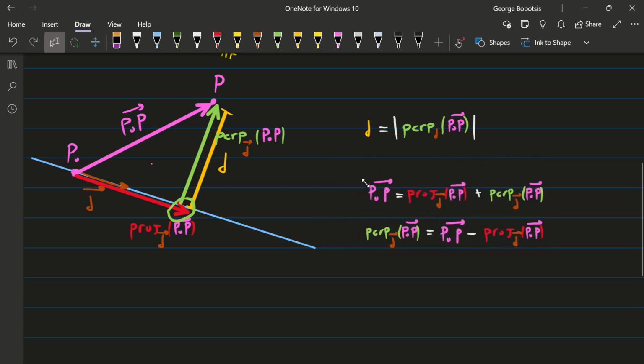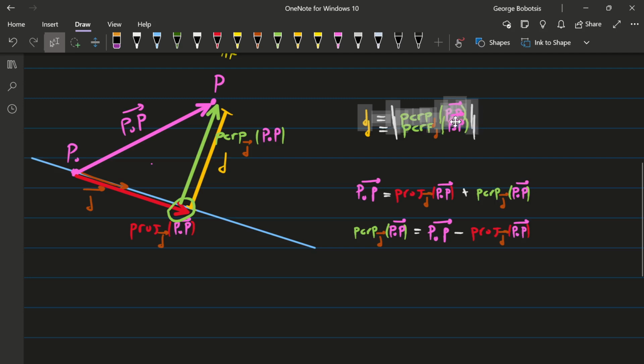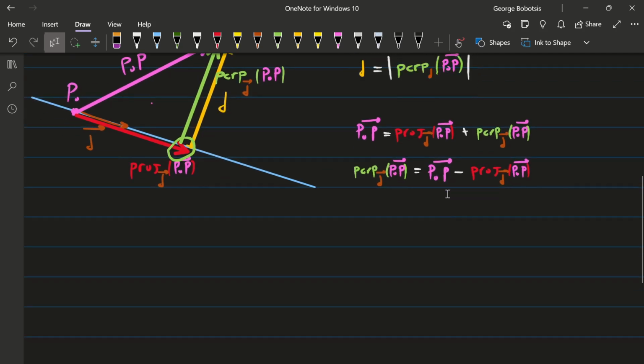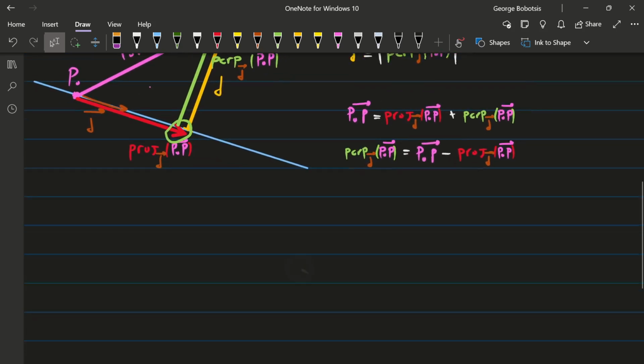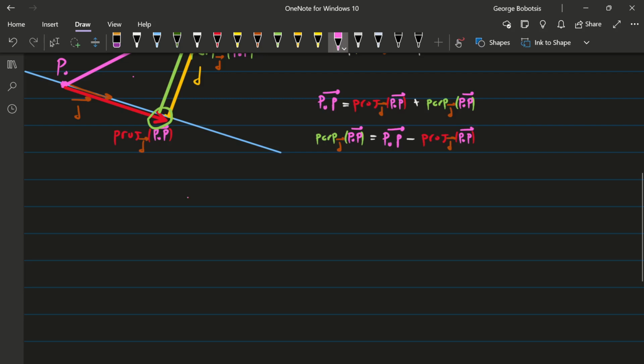That's another thing solved. But of course, this requires us to know these two. So we gotta go and get them. You gotta get P naught P as a vector, and you gotta get over here the proj. Okay, but that's not a big deal. We can get these things.